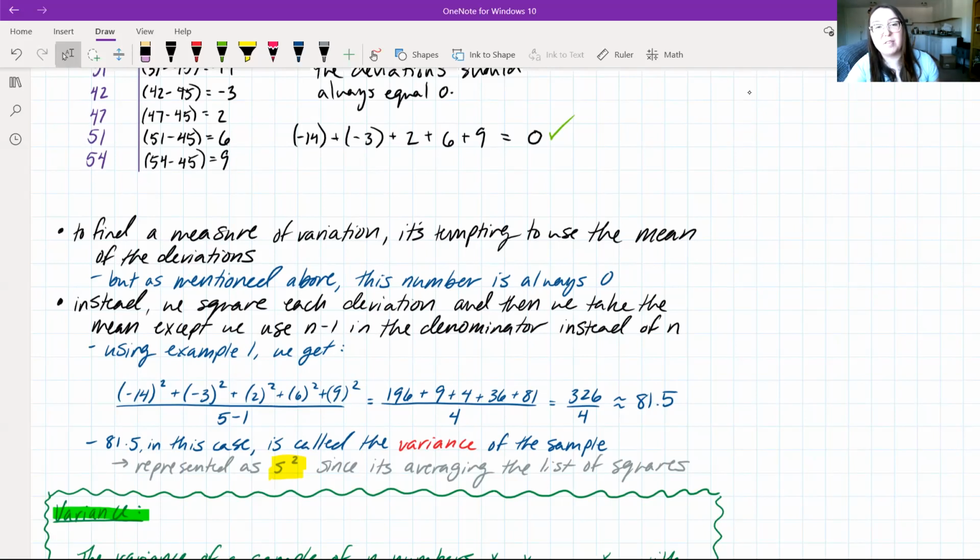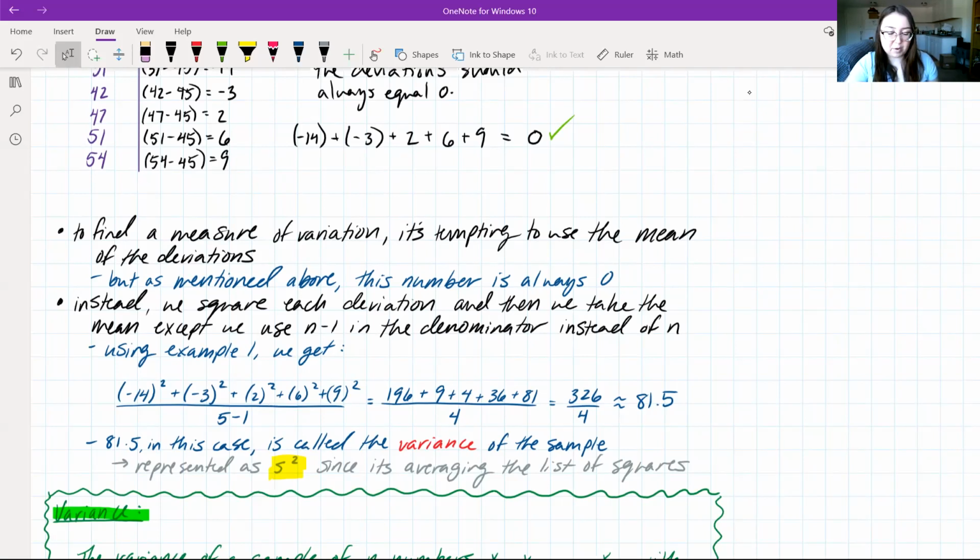Since we had 5 numbers, we're doing 5 minus 1 in our denominator. So we get 196 plus 9 plus 4 plus 36 plus 81, all divided by 4. This is 326 divided by 4, or about 81.5.